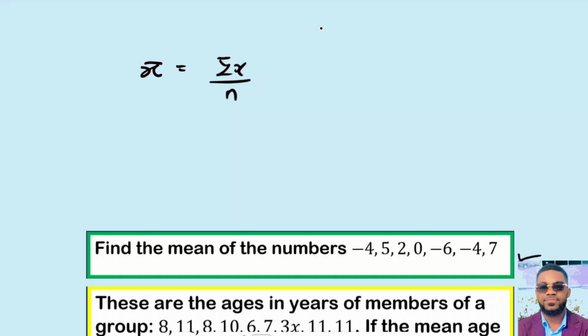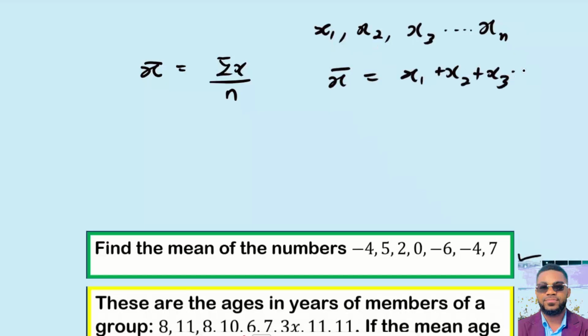For example, if you have x sub 1, x sub 2, x sub 3 up to x sub n, the mean of this data is x bar equals x sub 1 plus x sub 2 plus x sub 3 up to x sub n, all over n, where n is the number of items. That is what we use to find the mean of discrete data.